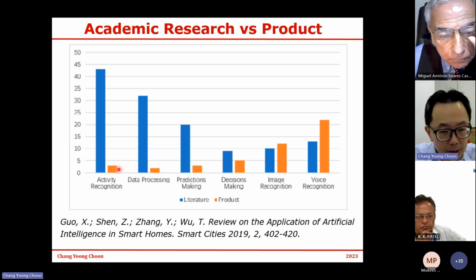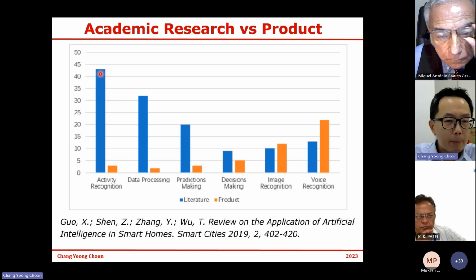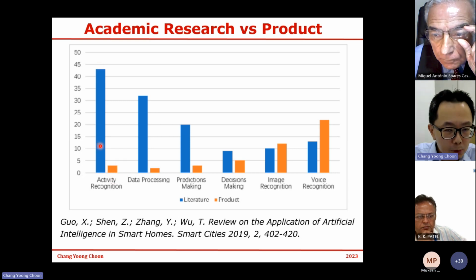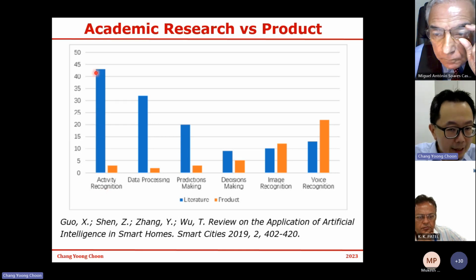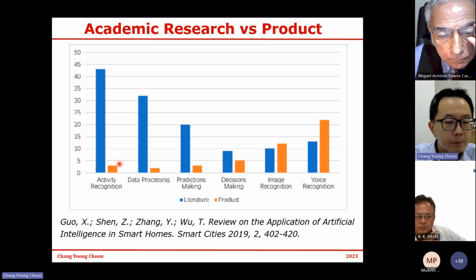There is still a gap. Quite a number of works have been done, the blue color in activity recognition, but these have not been put into commercial products. And also prediction making.